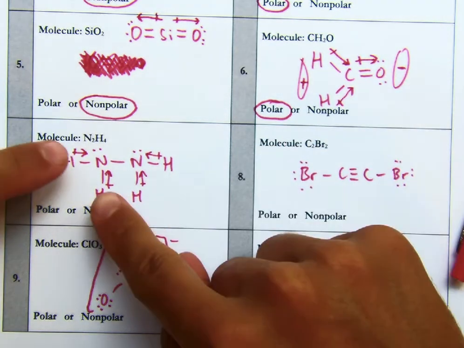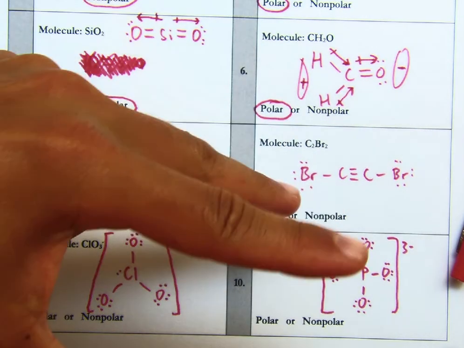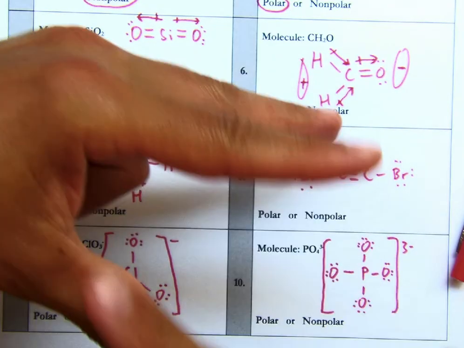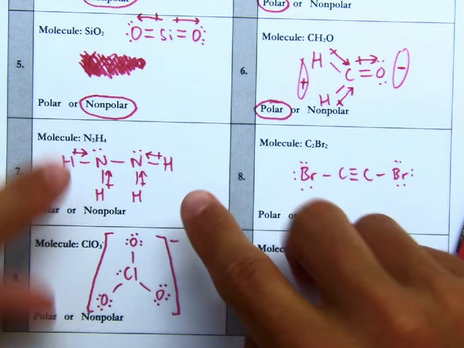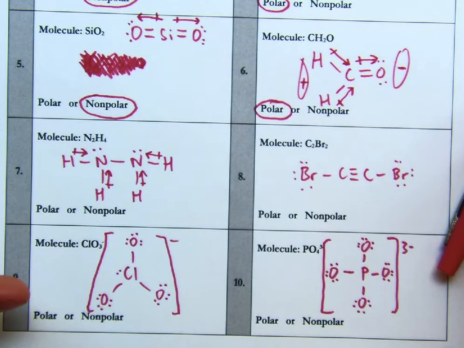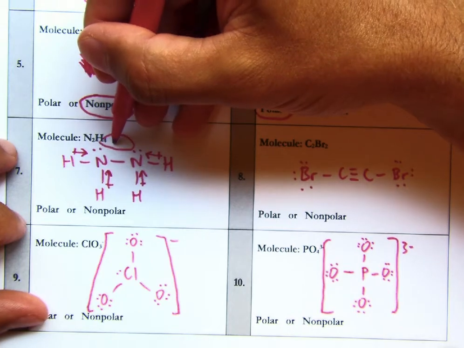For these, I know it looks like they're at 90-degree angles, but it's sort of like this, and they're going towards the nitrogen on both of these, and then you have this lone pair. This region is going to be more negative.